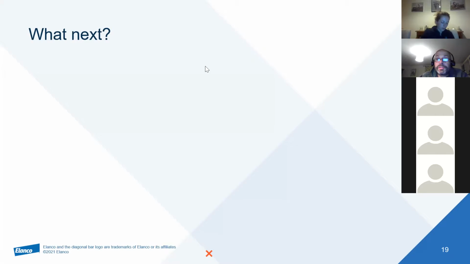So the next question, we're still on this question, what we're going to do next. I think we've given you lots of questions, and I hope it's made you think about what you're doing and whether you could be doing things differently to give you a better result.